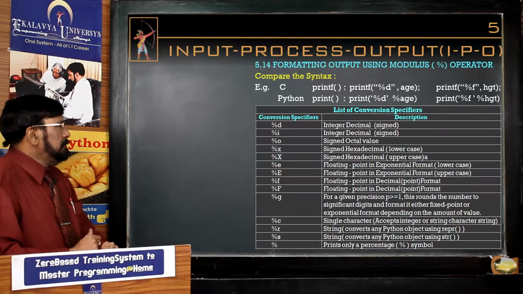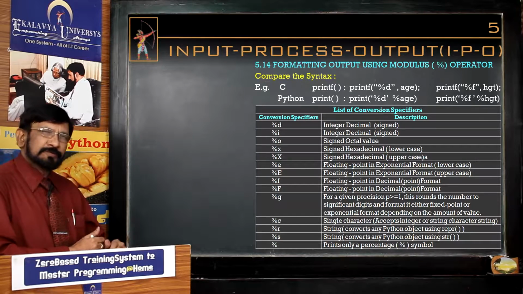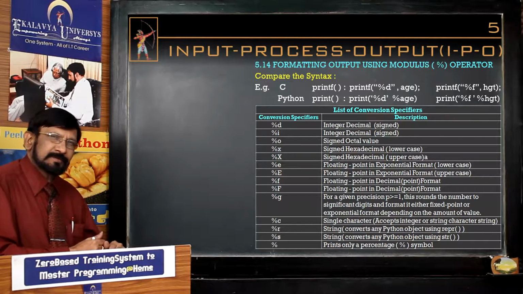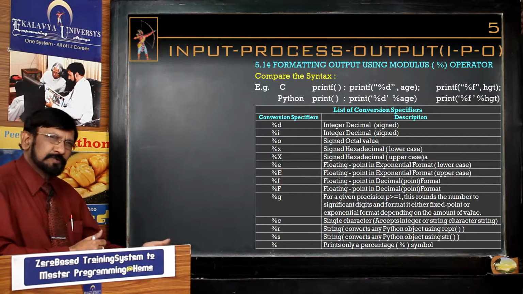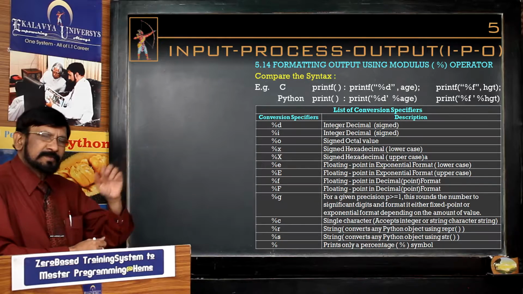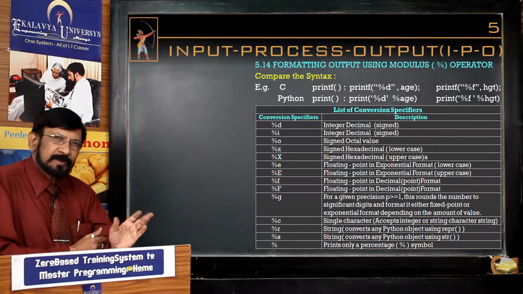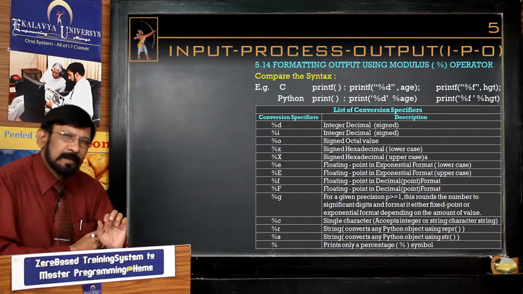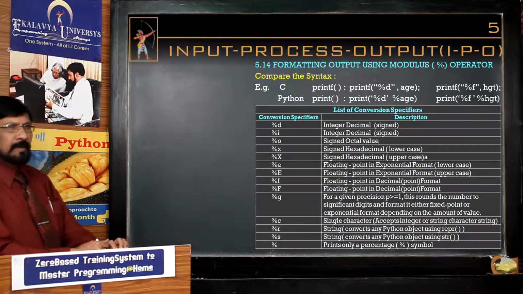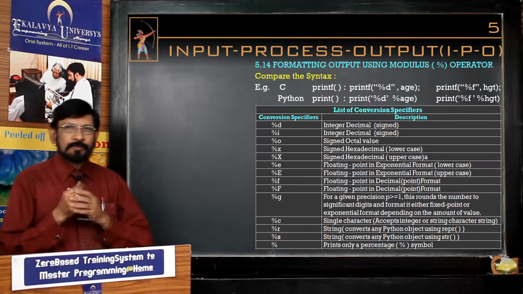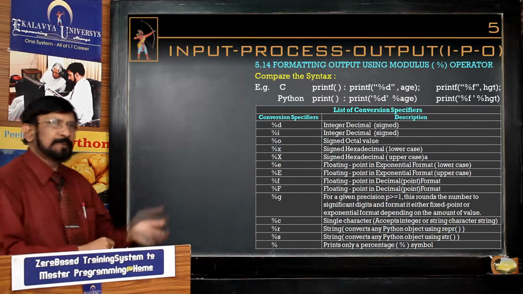Now, most of you studied the C language, because in most universities worldwide, C was the first language, though now it is being replaced by Python. So, most of you know C. If you know C, you must know printf.